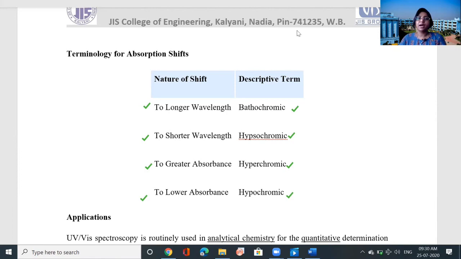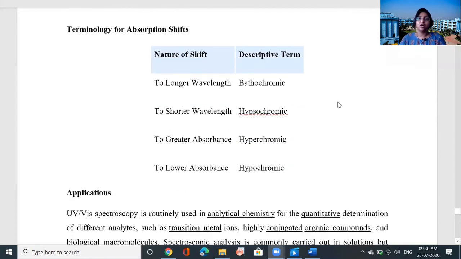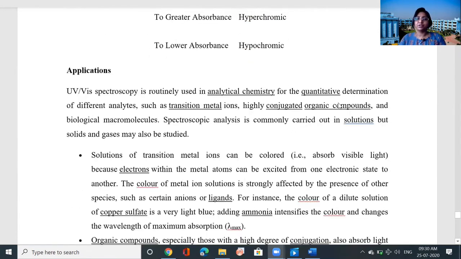So you have learned the different applications of UV-Vis spectroscopy.